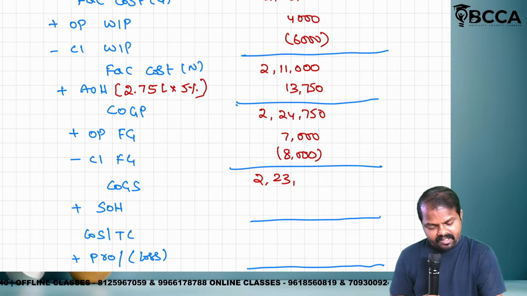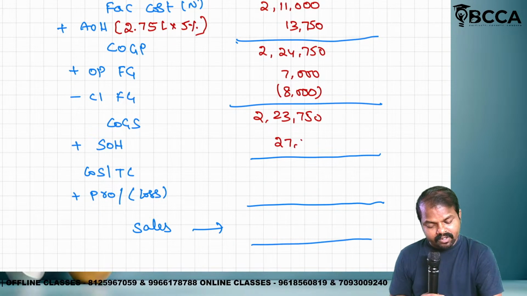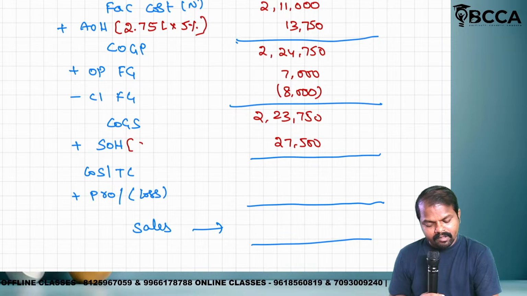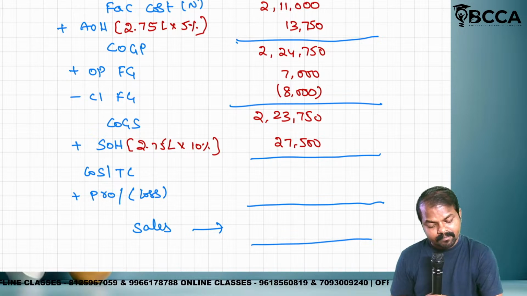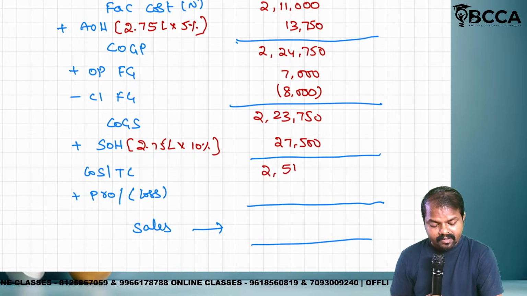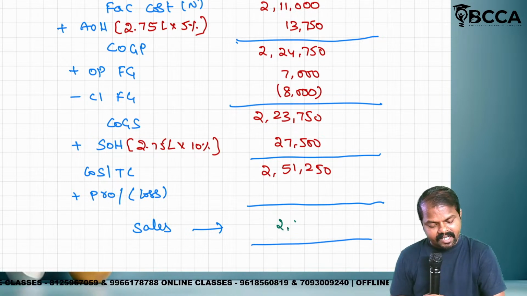2,23,750. What is the SOH cost? 27,500. How you arrive? 2,75,000 into 10%. Correct? Please. 2 lakh to sales, information is directly given. 2,75,000.